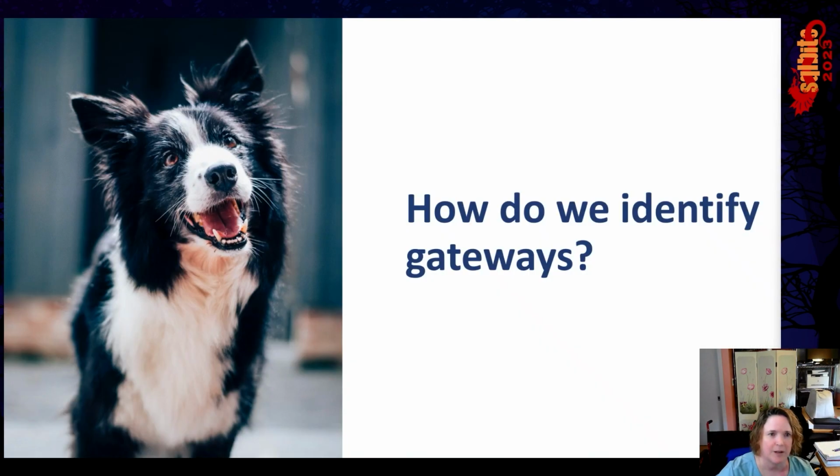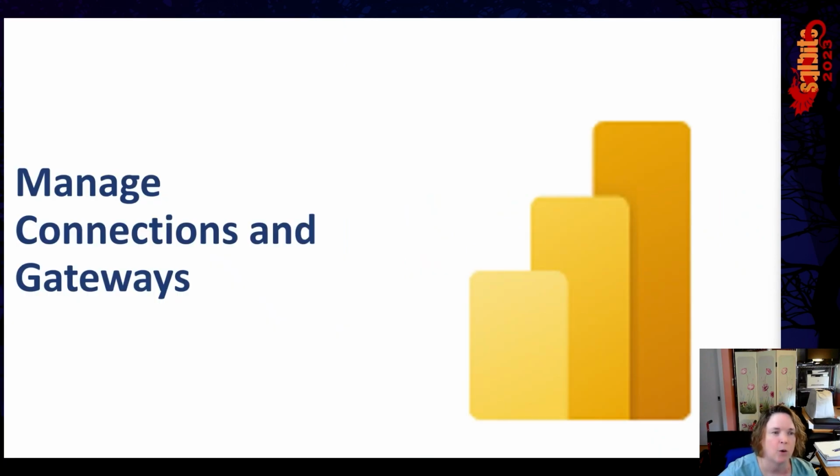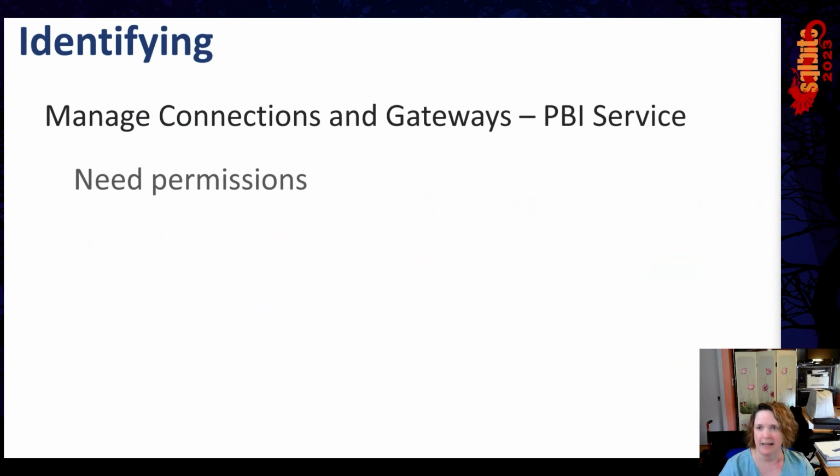So then we have to ask the question, so how do we identify these gateways? First, we have to start there. How do we identify them? I want to see what's out there. Well, we do that with the Manage Connections and Gateways area within the Power BI service. And what this does is this allows us to go out and identify those.